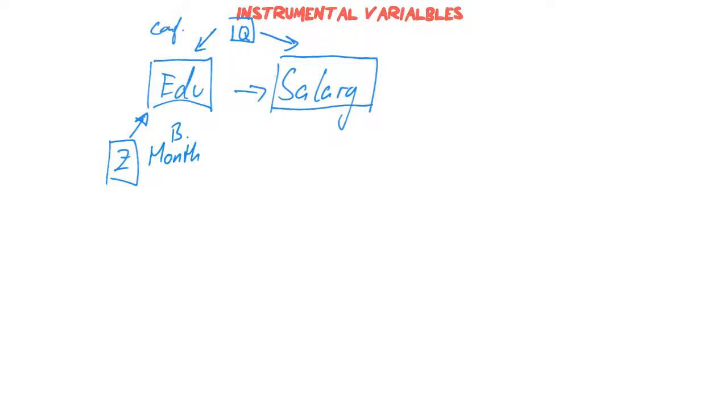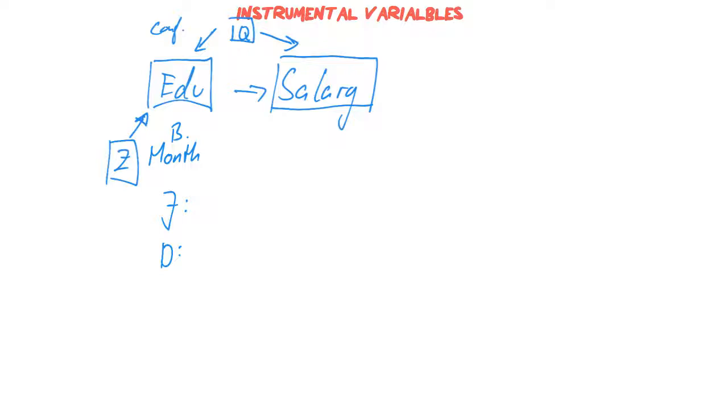Well, what if in the US system, you're allowed to quit school when you're 16, but you're not allowed to quit school until you actually turn 16, which means that people born in January, for example, will not be allowed to quit school until they turn 16, but they all have to start school in June or July or August. So they start school at the same time with the people who are born, for example, in December.